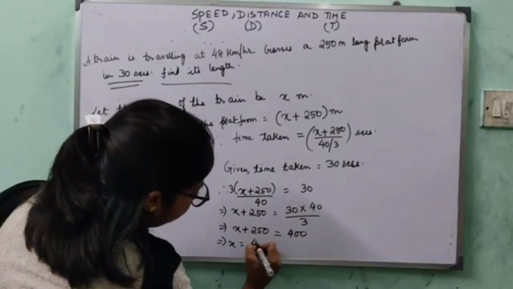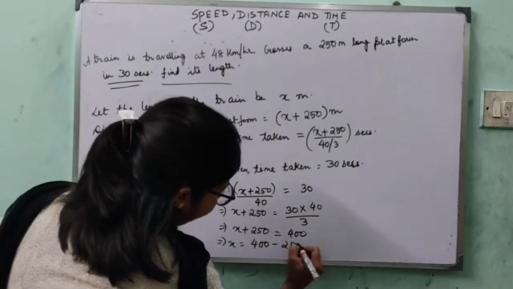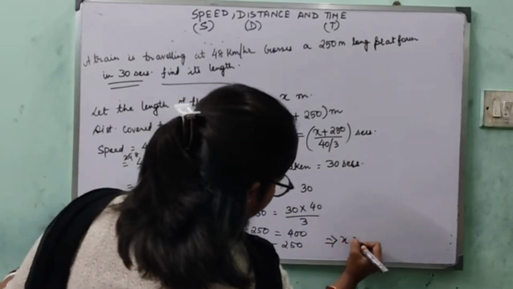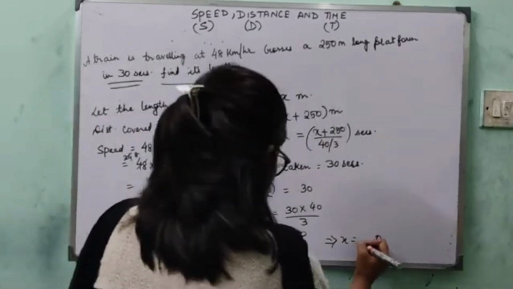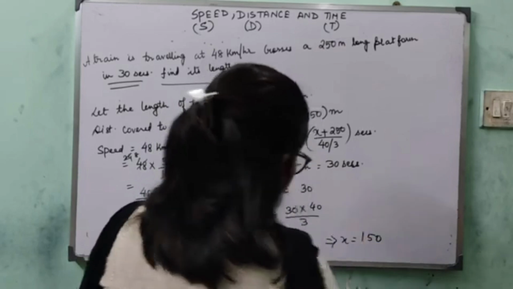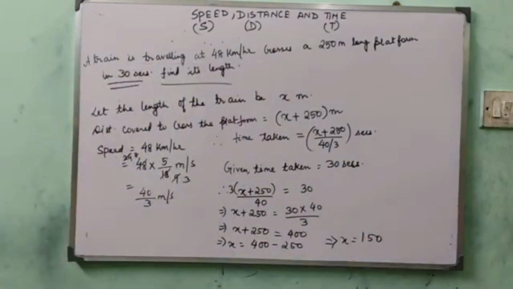So x is equal to 400 minus 250. So x is equal to 150. So we have got the value of x as 150.